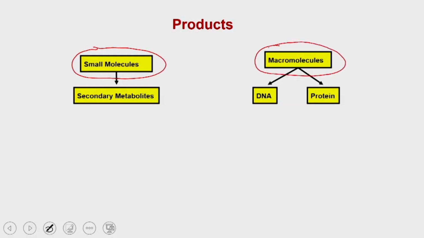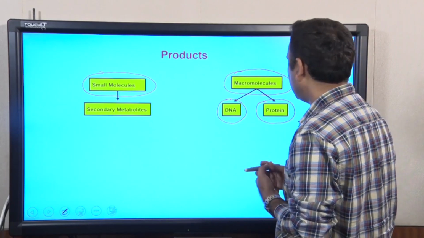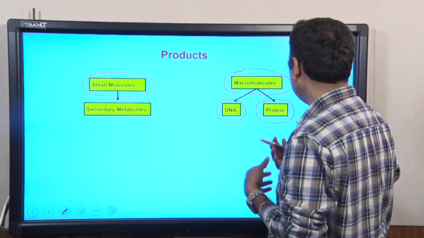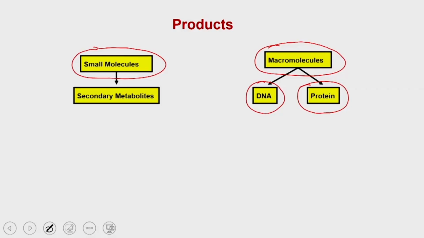When I say macromolecules, we are only going to focus on DNA as well as proteins. You can have different types of DNA which you overexpress or produce in the host cells, and different types of proteins which you can produce for different applications, either therapeutic or some other kind of applications.